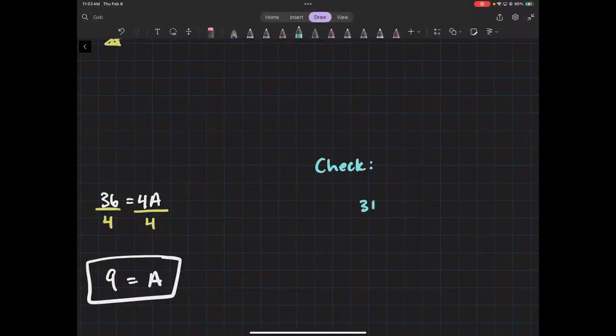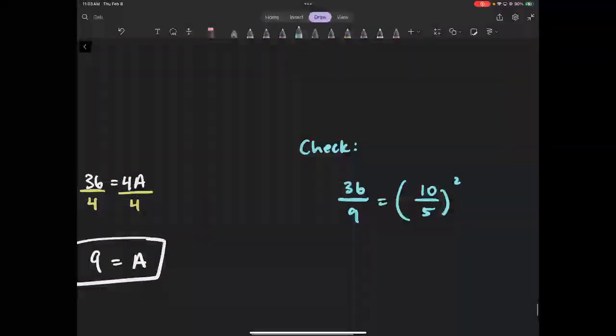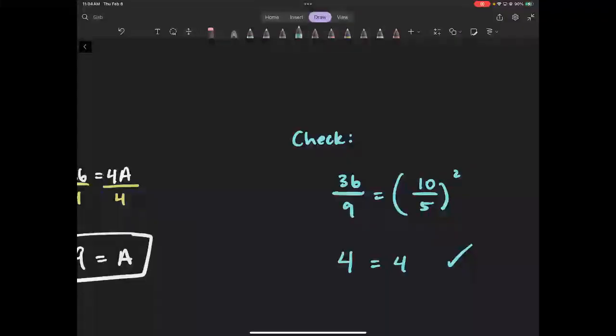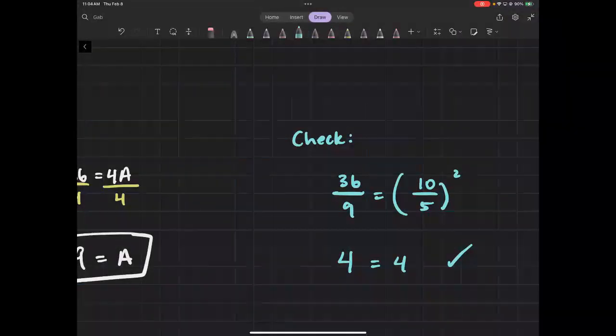You got 36 over 9 is equal to that same right side, 10 over 5 squared. Pretty much, you're just checking to see if 4 is equal to 4. And then you're done. Okay? That's it. Any questions?